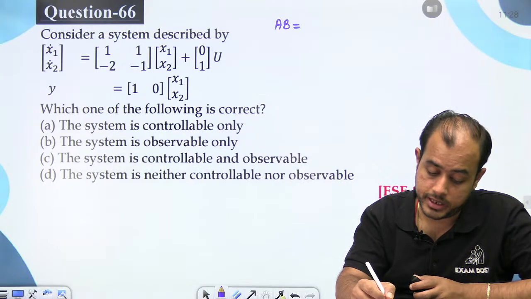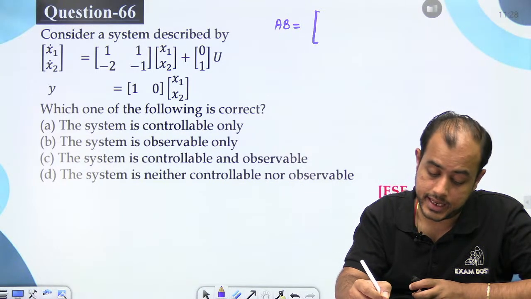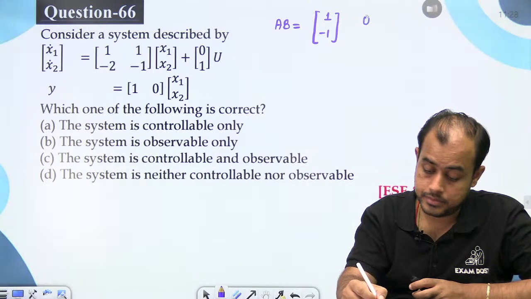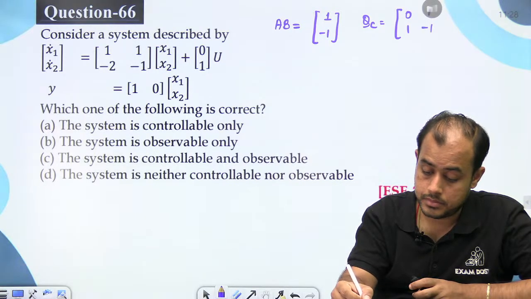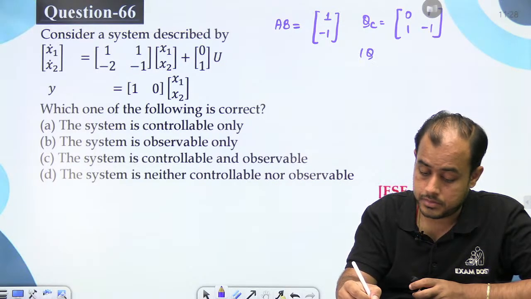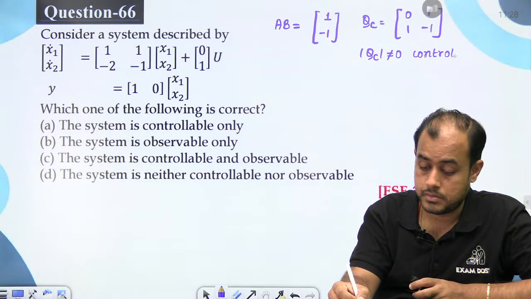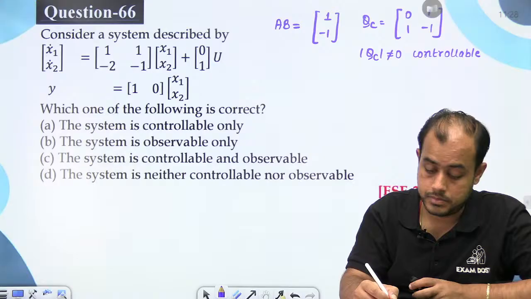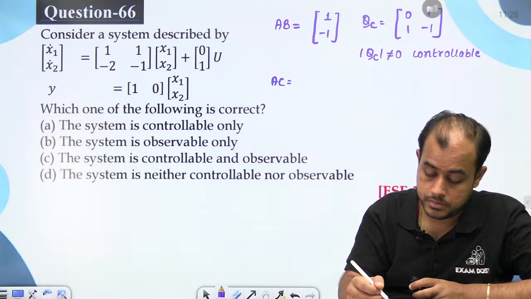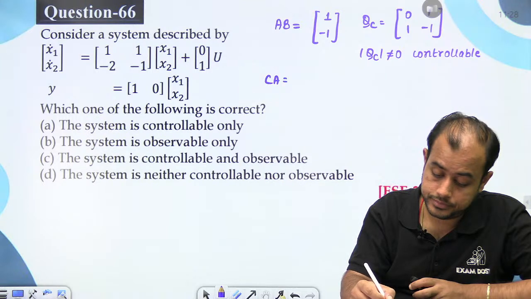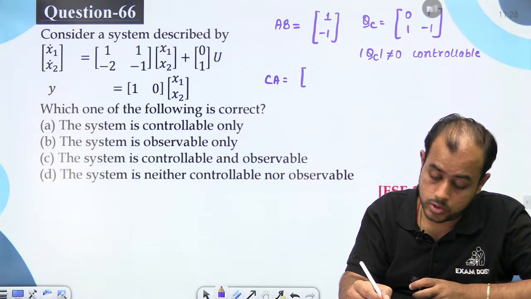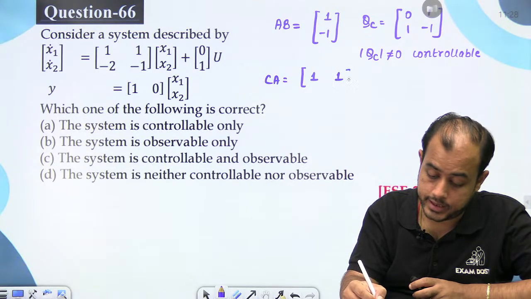Now for controllability, observability, we will multiply A and B. CA, first row into first column, first row into second column.